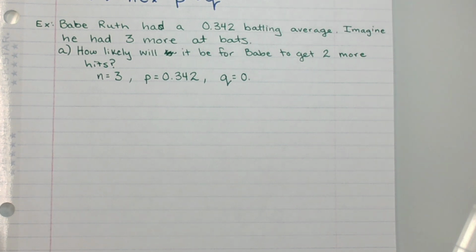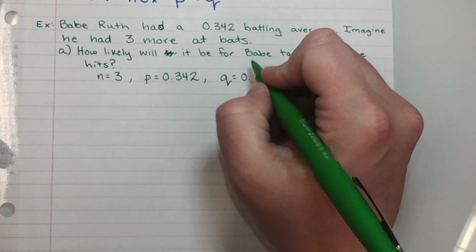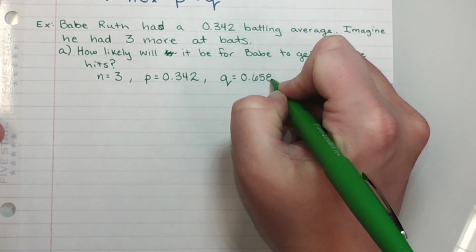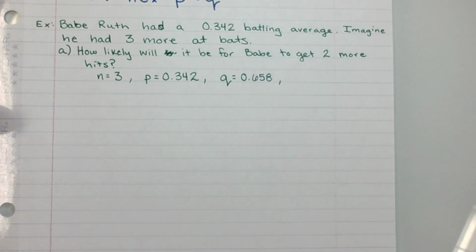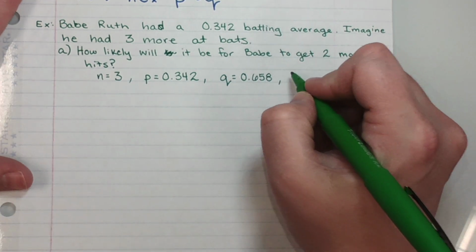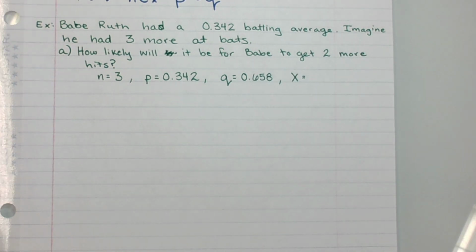Grab one if you need one. 0.658. What is x in this situation? What's our random variable? Two?